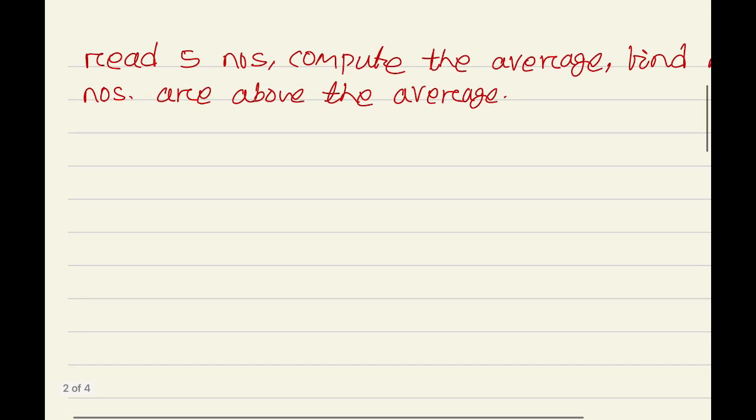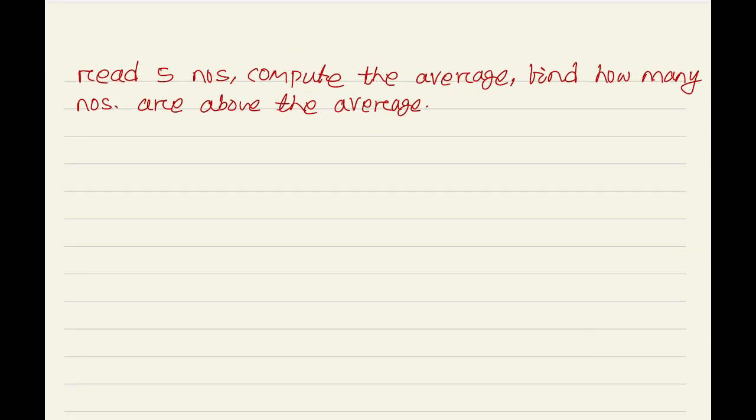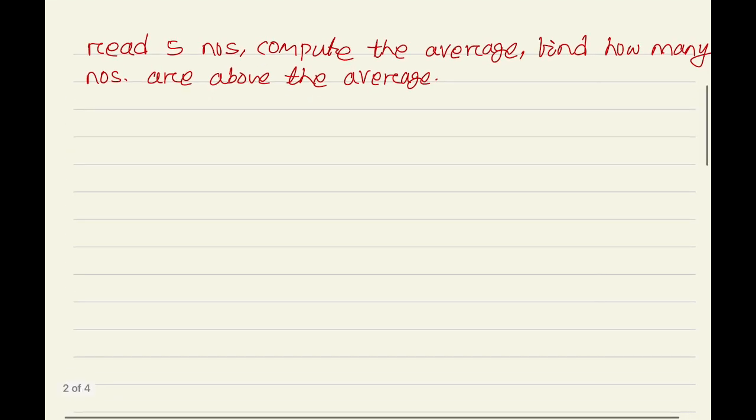So you want to write a program for this, that is, read 5 numbers, compute the average and find how many numbers are above the average. This program we can divide into two parts.